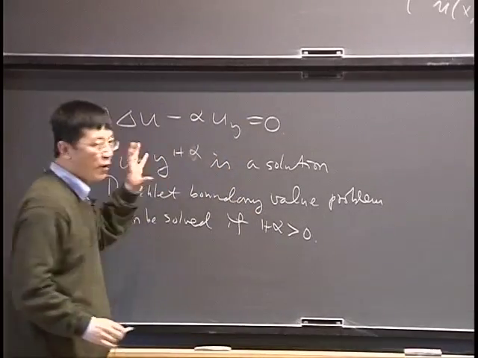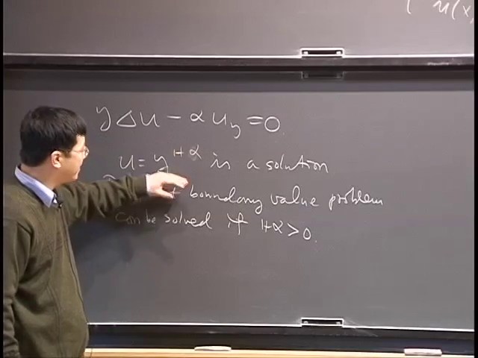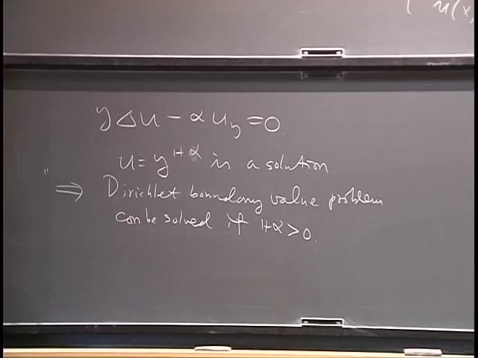So once you see a function takes zero boundary data in a nice fashion, that means the solution can observe the zero boundary data. Once the solution can observe zero boundary data, the solution can observe any constant. If the solution can observe any constant, the solution will be able to observe any continuous functions.